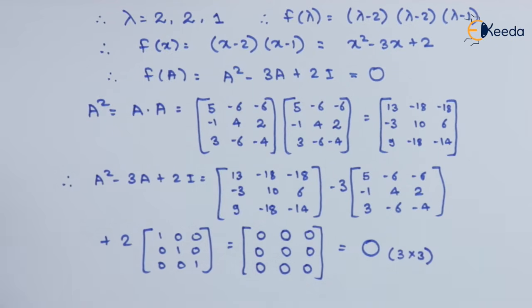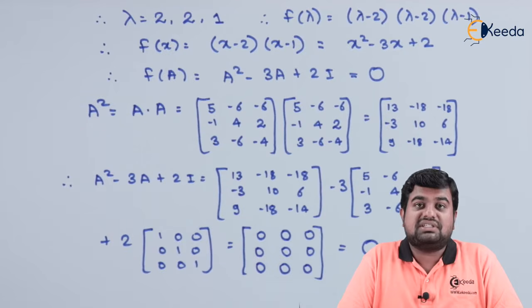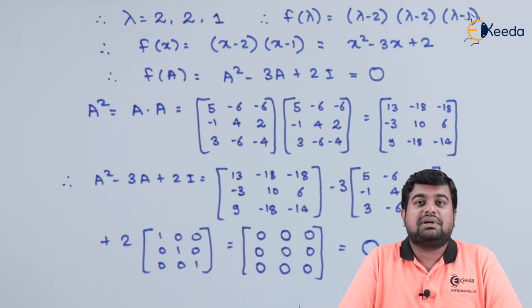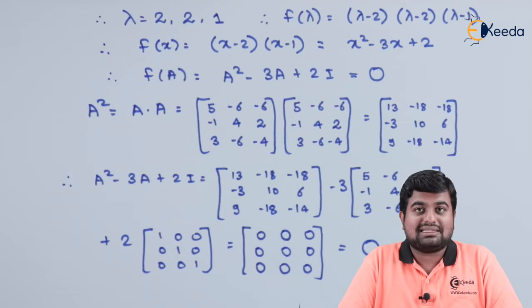So A square minus 3A plus 2I is equal to O. Now in this particular case we have matrix A of order 3 by 3 and the minimal polynomial is of degree 2. Since 2 is less than 3, we say the matrix A is a derogatory matrix, since f of x is equal to x square minus 3x plus 2 annihilates the matrix A, and therefore the given matrix is derogatory.